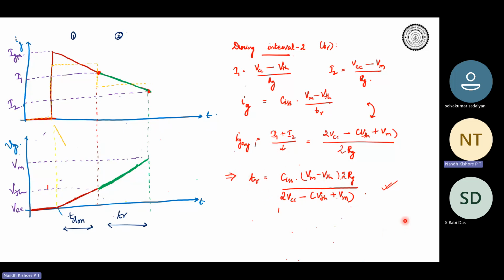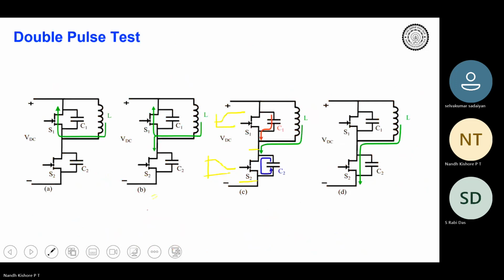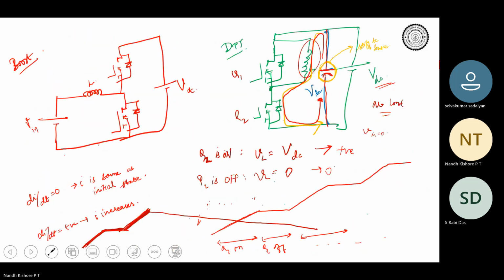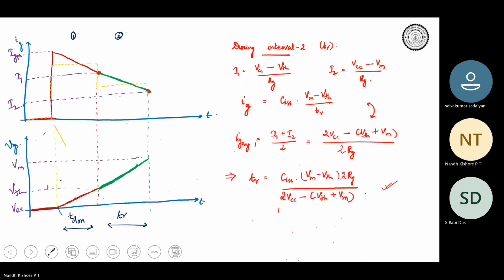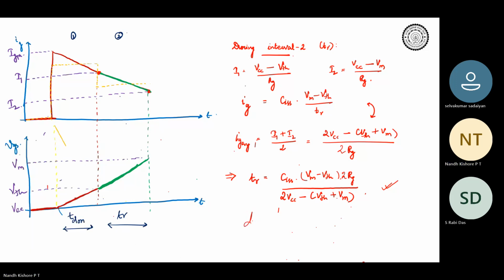If you know TR, you can find out dV/dt. di/dt is basically (IL - 0) divided by TR, or IL/TR.